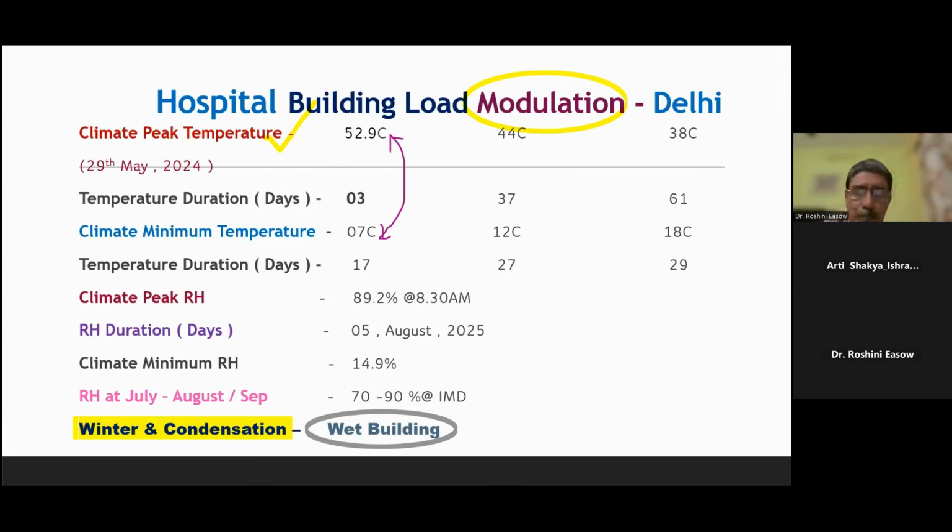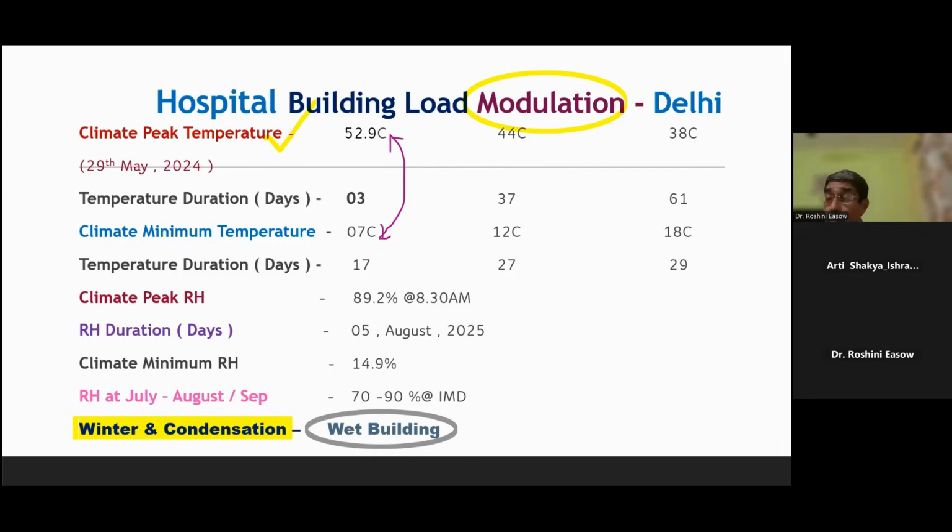But in the case of a hospital or a surgery room, we suggest let us go accurately, because even in those 3 days, how will we manage? In an office building you can manage, in a mall you can manage, but in a surgery room the difference between 52.9 and 44 is around 8 degrees centigrade.